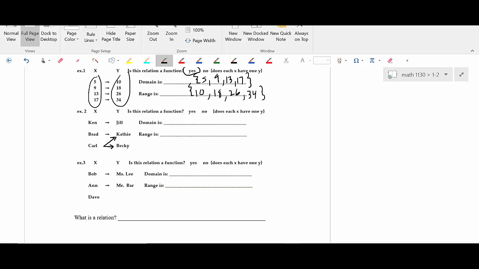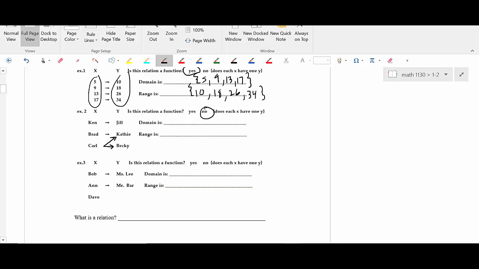Okay, Ken likes Jill. That's cool. Brad likes Kathy. That's cool. How about old Carl? Carl's a two-timer. So since he's a two-timer, that's not a function, right? That x cannot go to two girlfriends. Okay, we can't have that. So that would be no, that's not a function.